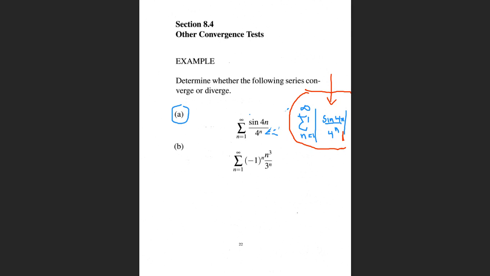So let's go to the solution. Here's the solution. Okay, so the absolute value of the sine of 4n divided by 4 to the nth power has to be less than or equal to 1 over 4 to the nth power.